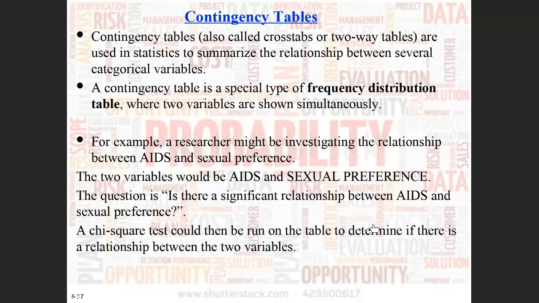The two variables would be AIDS and sexual preference. The question is: is there a significant relationship between them? A chi-square test, pronounced with chi, C-H-I, could then be run on the table to determine if there's a relationship between the two variables.